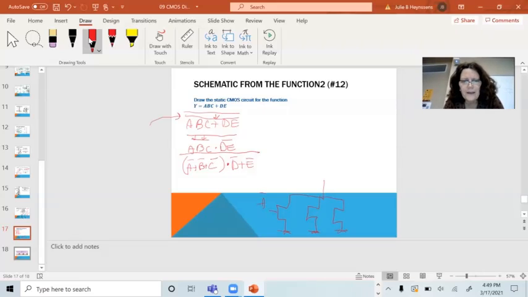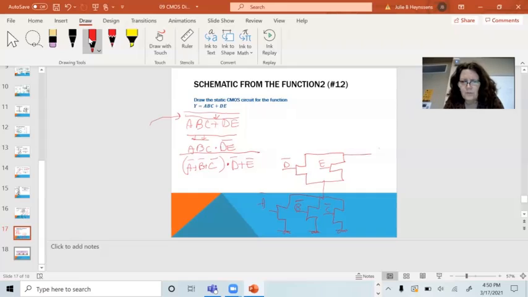So I have to put A naught is what is being ORed. Not A, it's A naught. B naught, C naught. And then that is in series with the parallel combination of D naught and E naught. It's drawn a lot neater in my slide solutions.